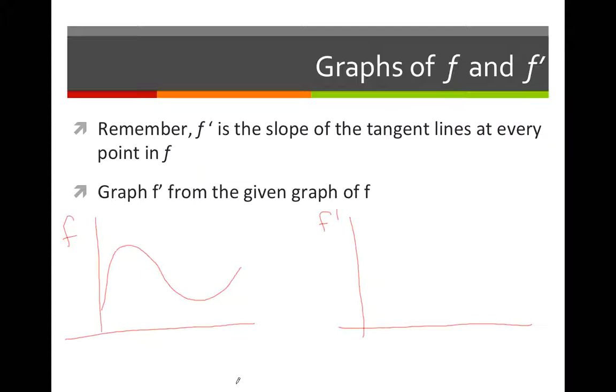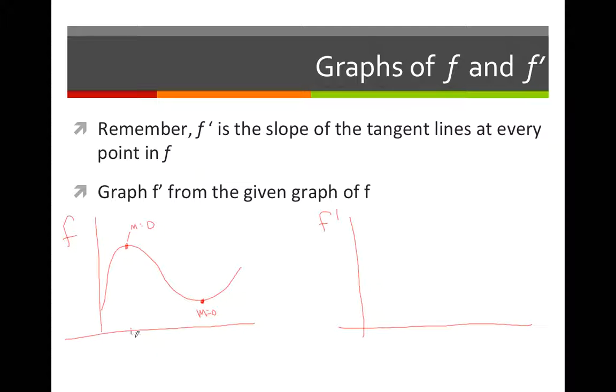Now, there are some key points that we can look for. First of all, are this max and this minimum point. We need to know that the slope of a tangent line at a maximum and a minimum point are 0. And you should have noticed that on the last lesson that we did. You were asked a few questions, 1 or 2 questions about this.